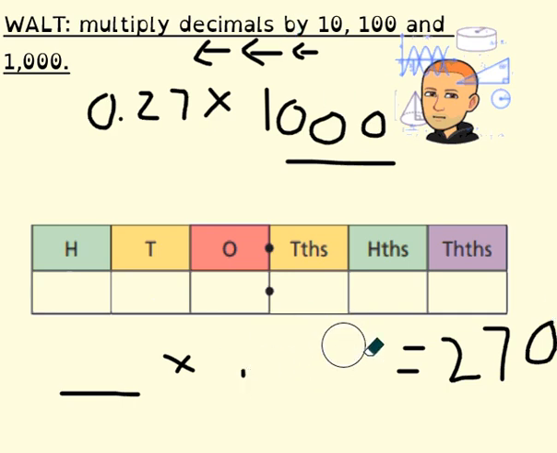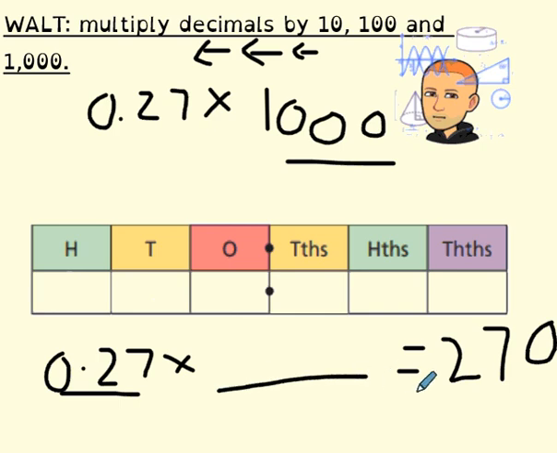This is more what I'm looking for today, because that one I've just said there was actually more of a question you get tomorrow. 0.27 times something would give me 270. And in that sort of example, the children might need to, or you guys might need to, draw out the place value grid and actually move the digits across so you get from your starting number to your end number, and then however many places you've moved will tell you the number that you put into here.